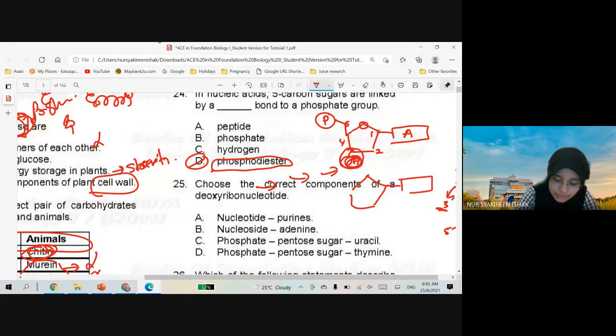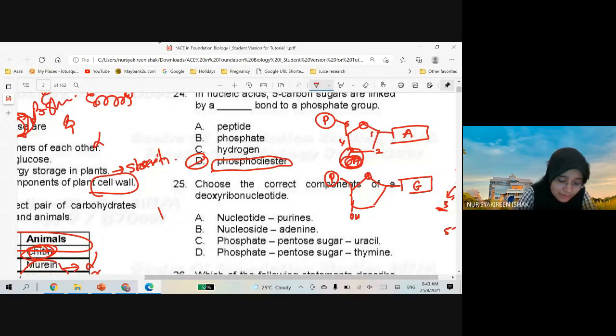So ini let's say lah guanine ada kat sini, phosphate. Ini saya padam dulu. So in the process of adding the next nucleotide, this is carbon number 3, ada OH. So awak kena tahu structure phosphate dia macam mana.